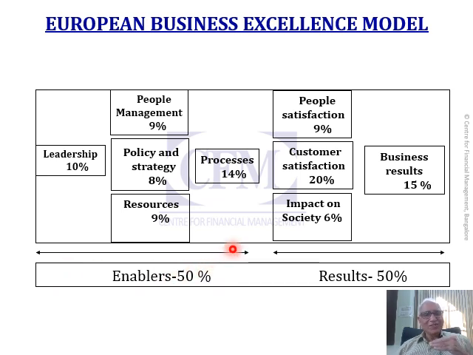Collectively, they have a weightage of 50%, and individually the weights are shown here. These four factors are referred to as results. Collectively, they have a weightage of 50%, and individual weights are reflected here. You can see that this model is very comprehensive in covering all the important dimensions of business.